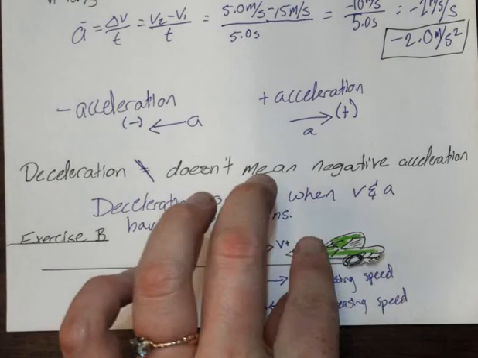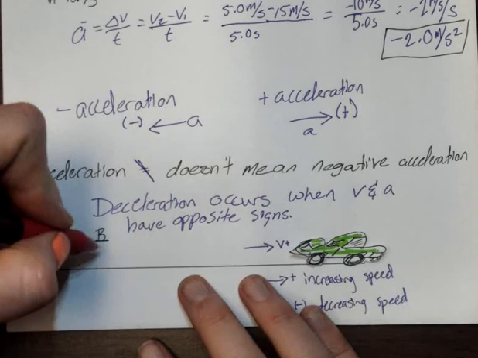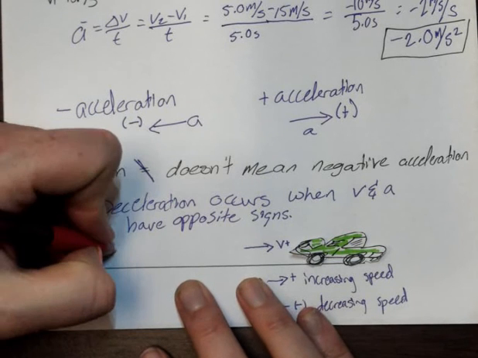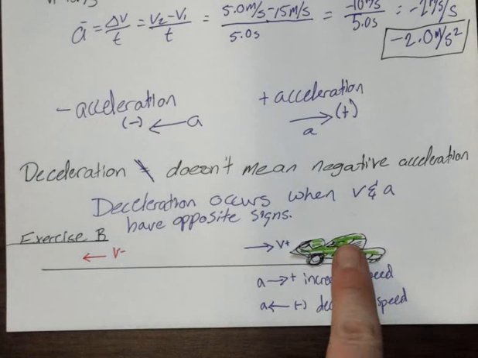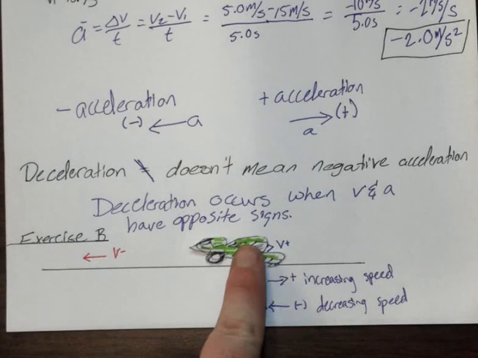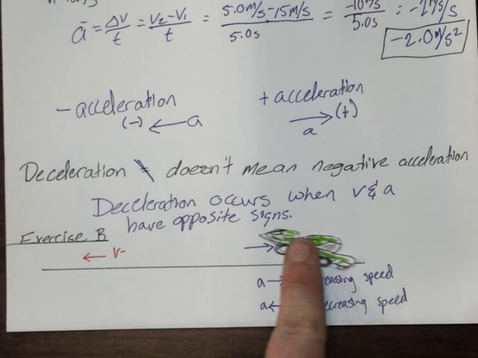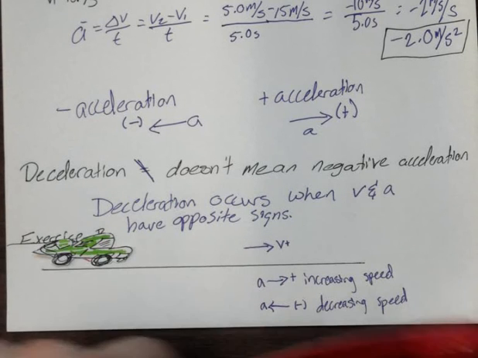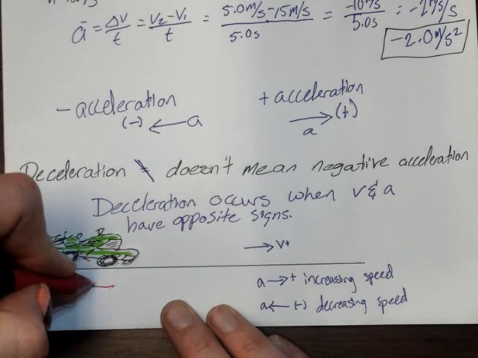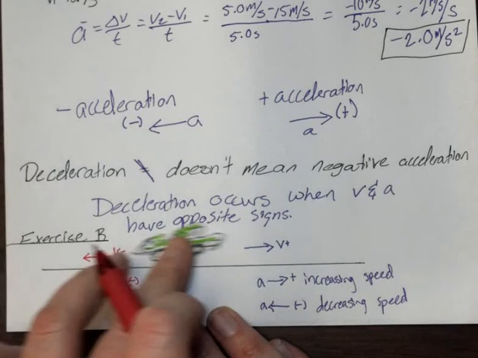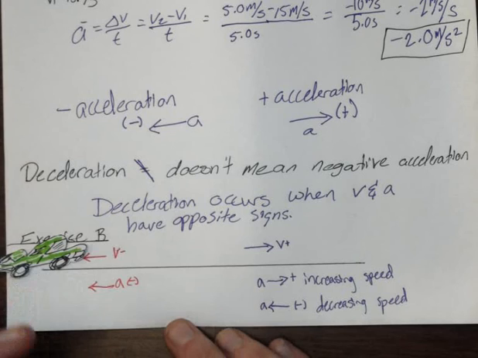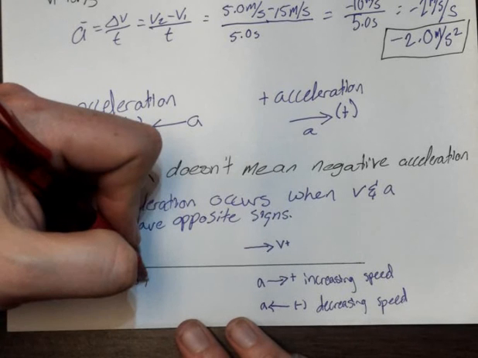Now we can consider if the car is moving and its velocity is negative. If the car is moving in the negative direction and it's speeding up, then that means its acceleration is happening in the negative direction. Speeding up as it's backing up. This would be increasing speed.